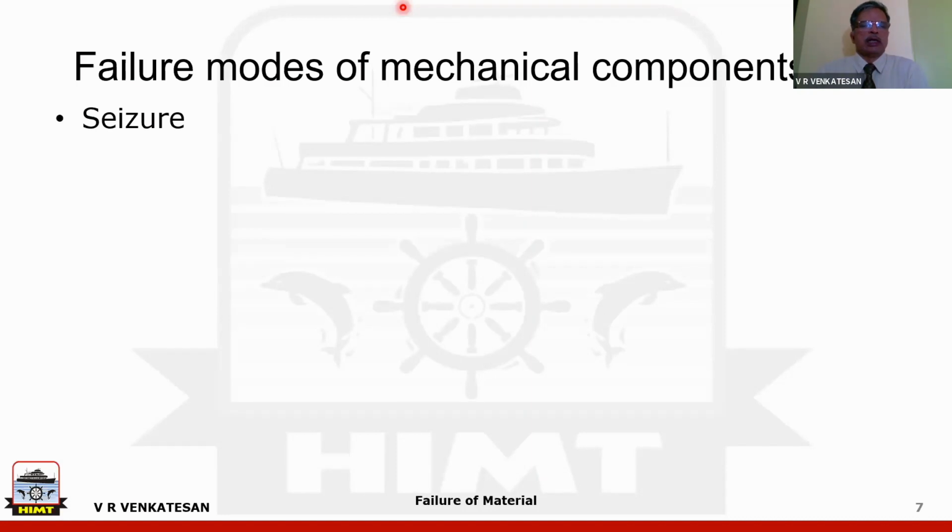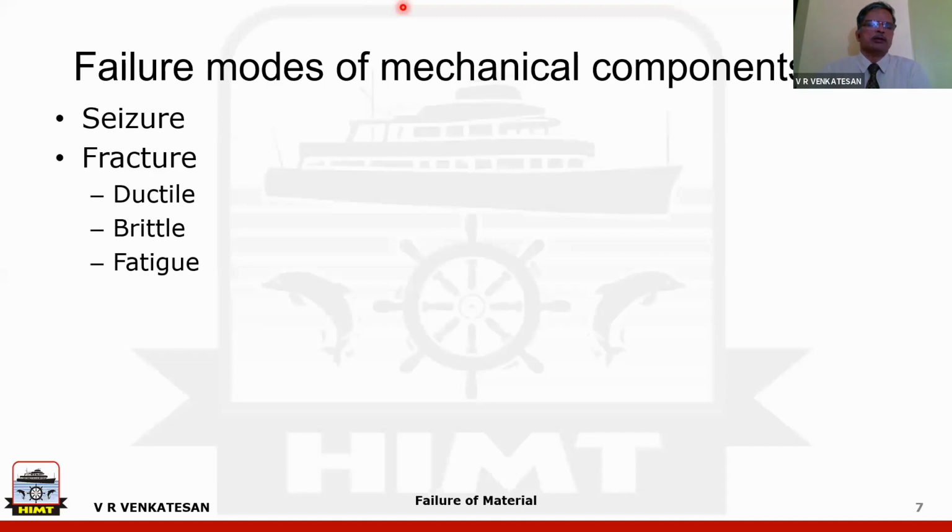It can happen with pumps, with other kinds of drives, and even with engines. The piston seizing inside the liner is an example, or a bearing or a pump shaft not able to rotate at all. Then we say it is seized.